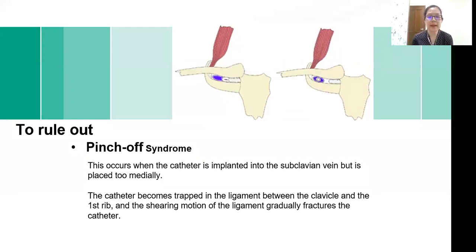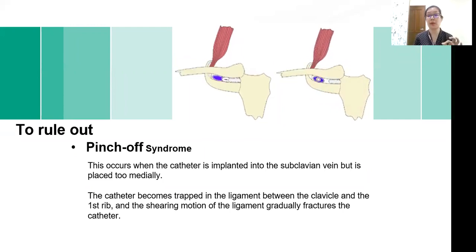So the catheter becomes trapped in the ligament between the clavicle and the first rib. The shearing motion of the ligament gradually, sometimes even will fracture the catheter and cause catheter damage if this is severe. But obviously, as you see in the cartoon, this will cause the pinch off.